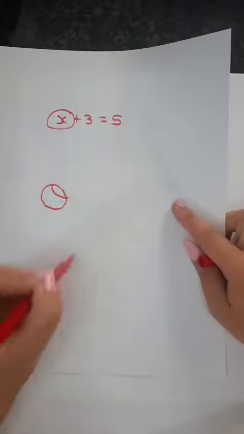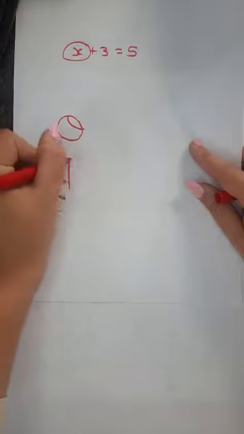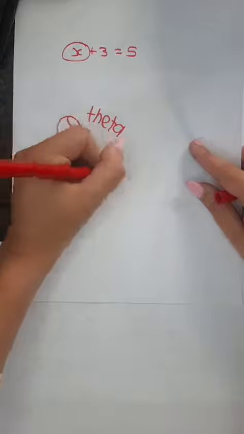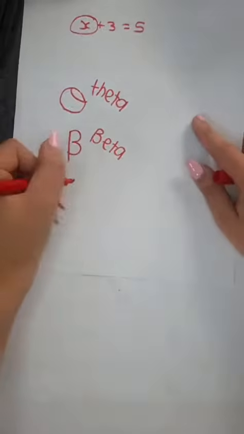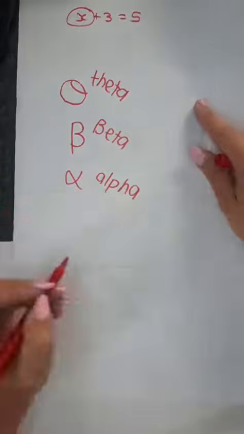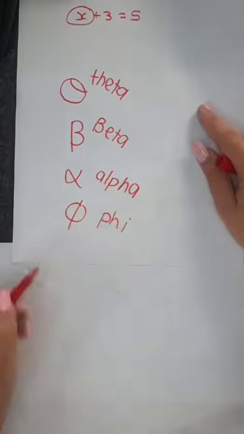So you'll see thetas. You will see something called beta. So this is theta. This is beta. It's actually written with a small b, but it doesn't matter. This is alpha. And then, not as common, this is phi.